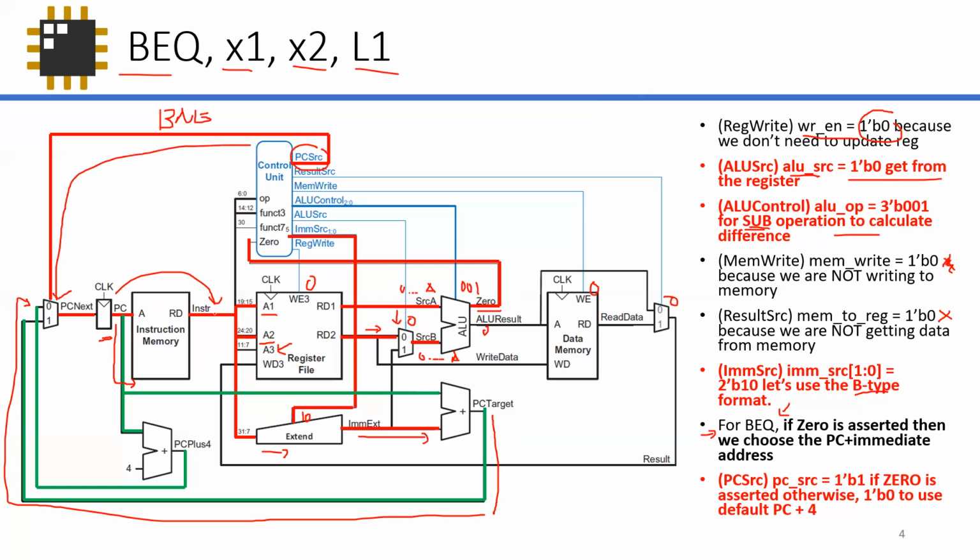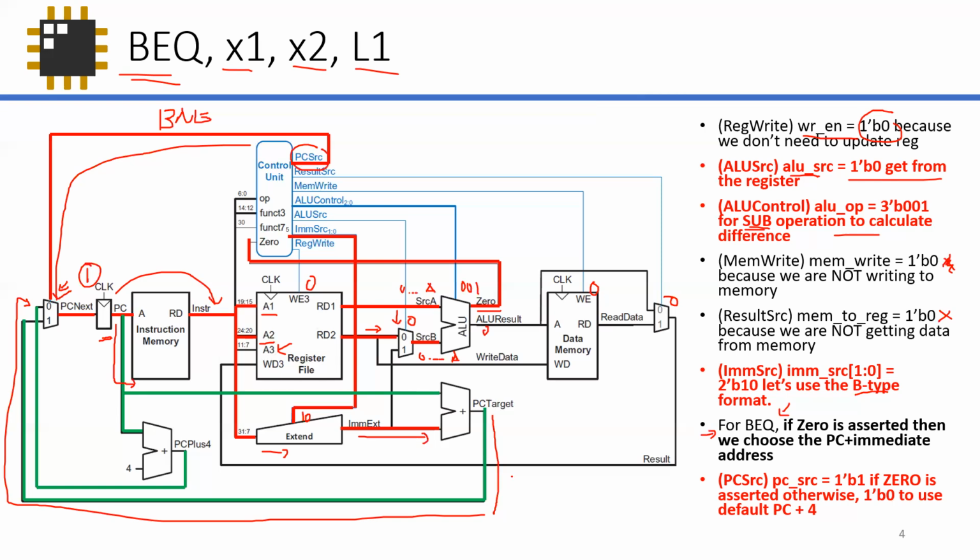All right. So if we're analyzing BEQ and the 0 is asserted, meaning they are equal, it satisfies the branch, we have to take the branch. Meaning we have to select 1, right? This control signal here needs to be 1 if branch is taken, so that the next PC update will be the PC target that we're trying to get.